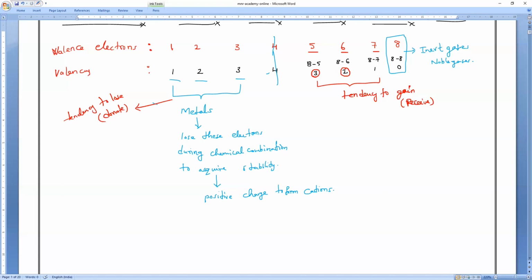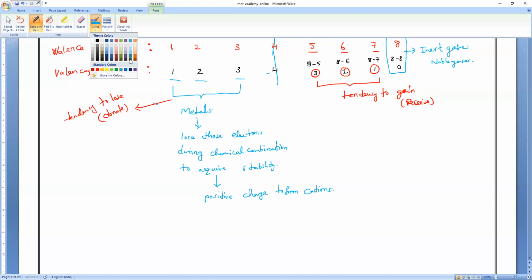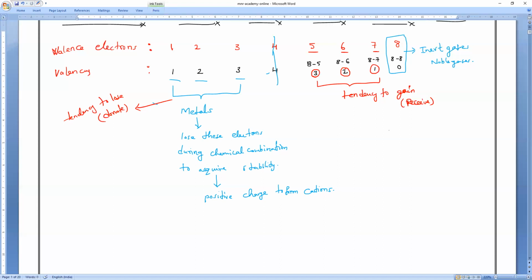If valence electrons are 7, how many electrons can it gain? 1. Am I right or wrong? So the tendency is to gain either 3 or 2 or 1 electrons.